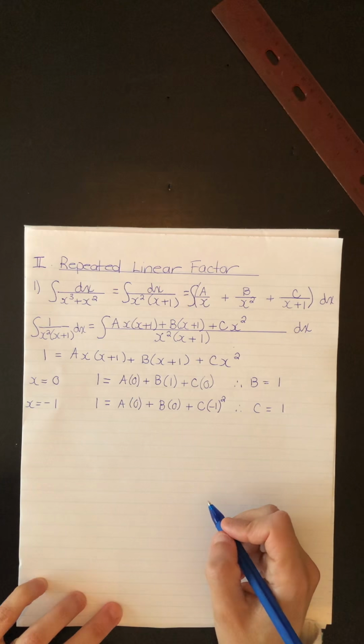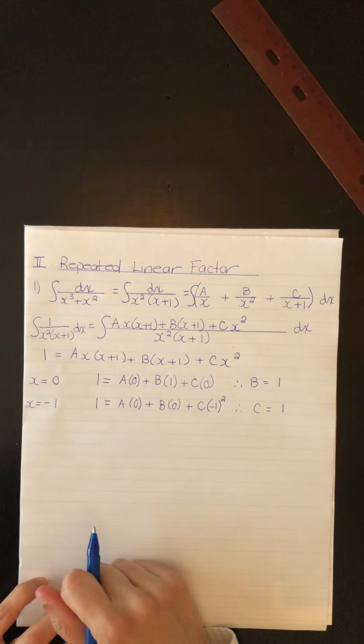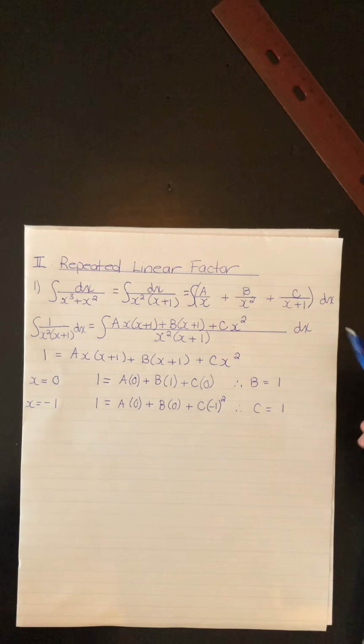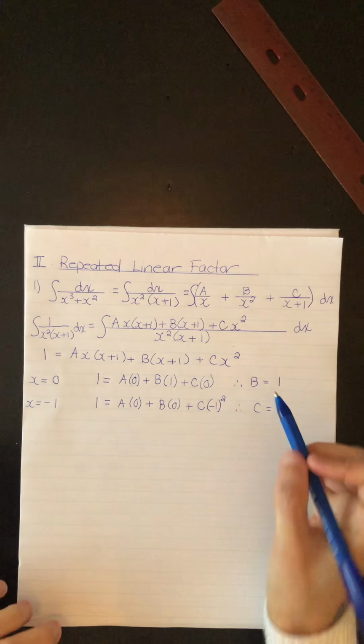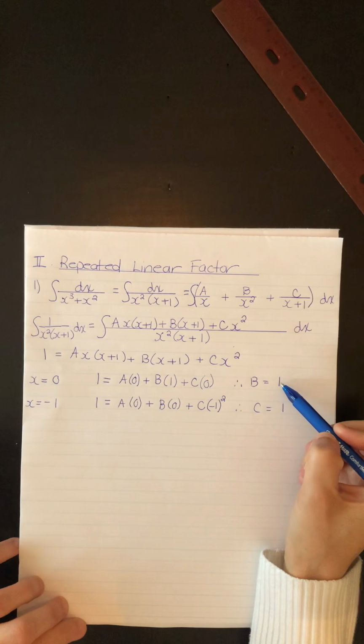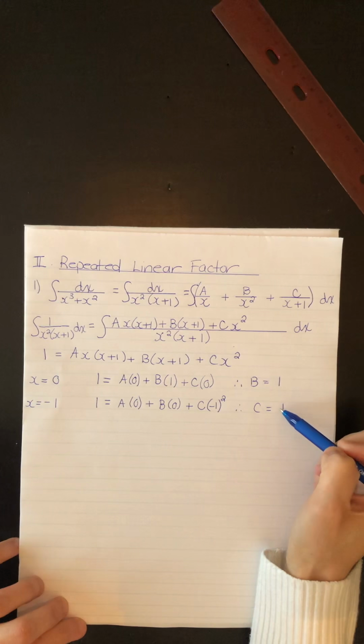What we could do at this point in time is substitute any arbitrary value that we like for x, since we know 2 out of the 3 unknowns. So we can go back into our equation knowing that now b is 1 and c is 1.